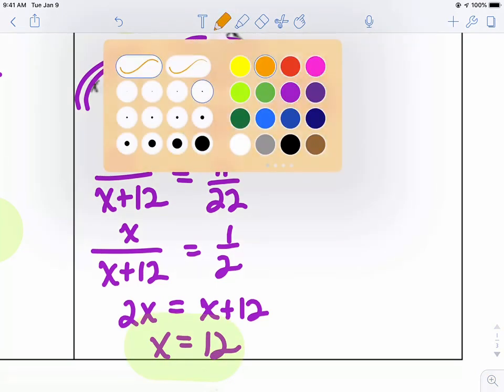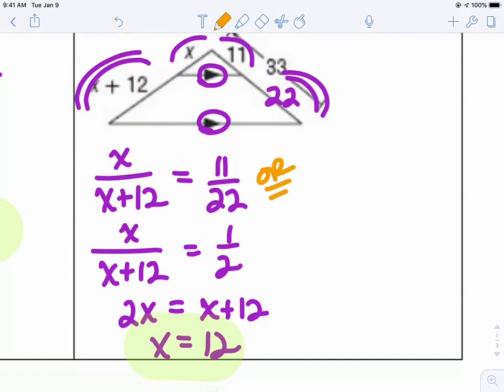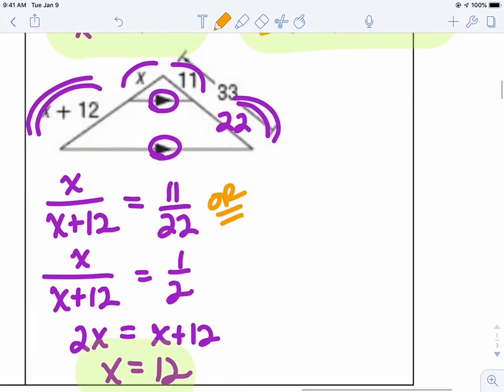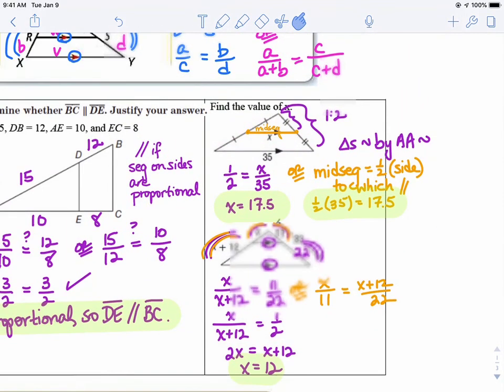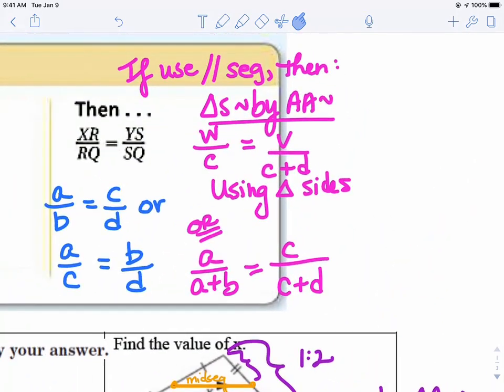Other options. You could do the similar triangles, or you could set up the proportion by bouncing back and forth. You could do x is to 11 as x plus 12 is to 22, for example. Or you can use the similar triangles like we talked about up here.